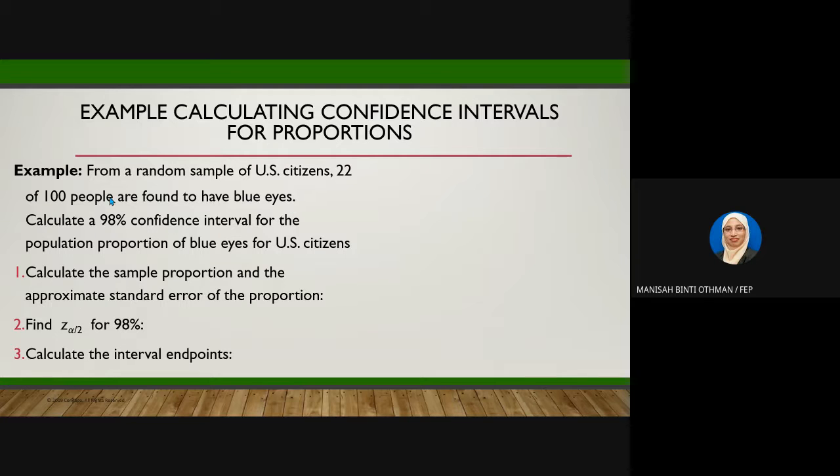Now calculate a 98% confidence interval for the population proportion of blue-eyed US citizens. In this case, they already took a sample of 100 people, and from that 100 they identified that 22 have blue eyes. Based on that, you want to calculate a 98% confidence interval.